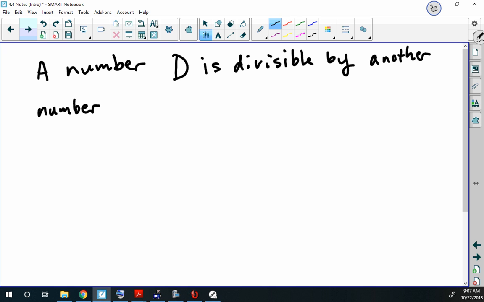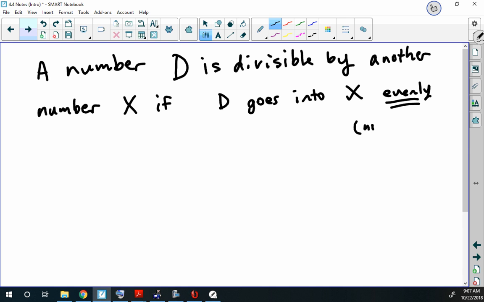A number D is divisible by another number x if D goes into x evenly. That means there's no remainder.